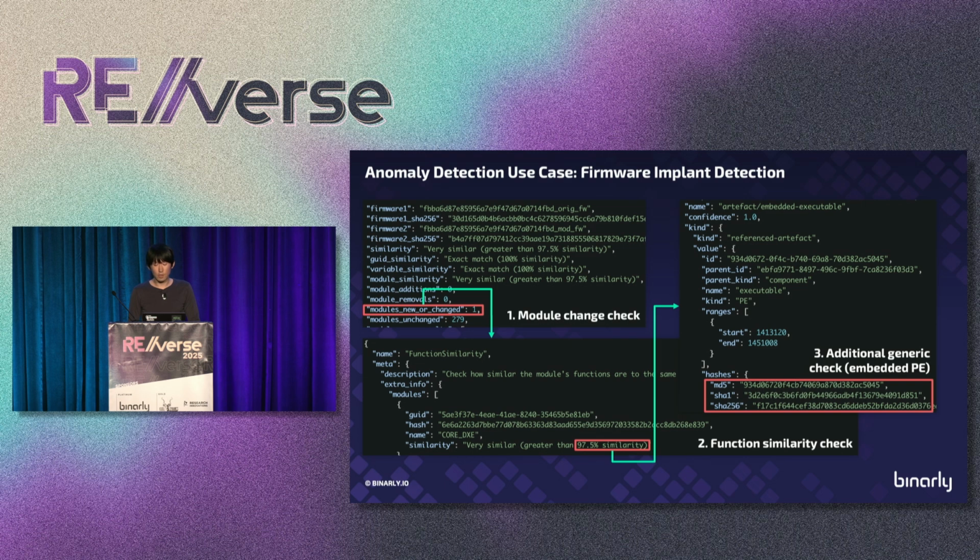First, the module change is detected by the file hash. Second, the module function similarity is calculated. Finally, detect the embedded kernel driver in the bootkit. In this way, our anomaly detection can catch a small but malicious change based on differential analysis.